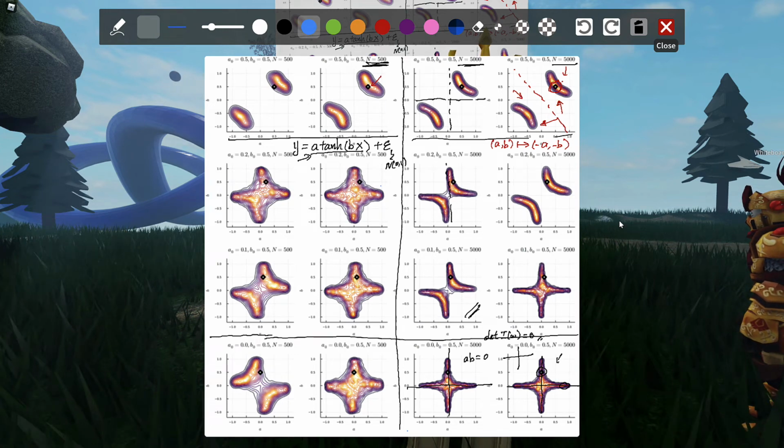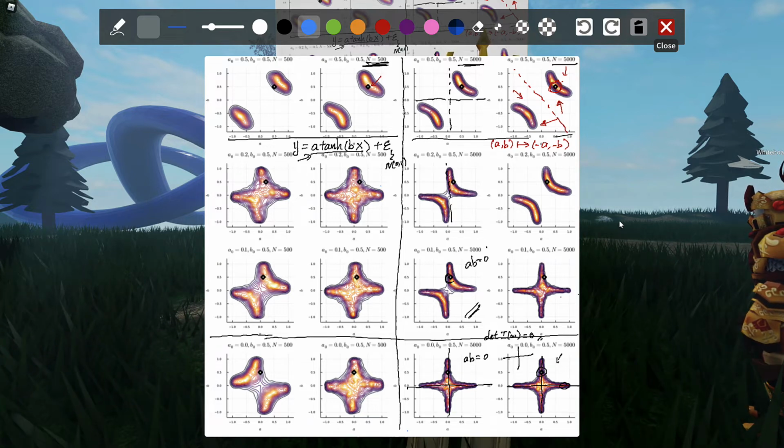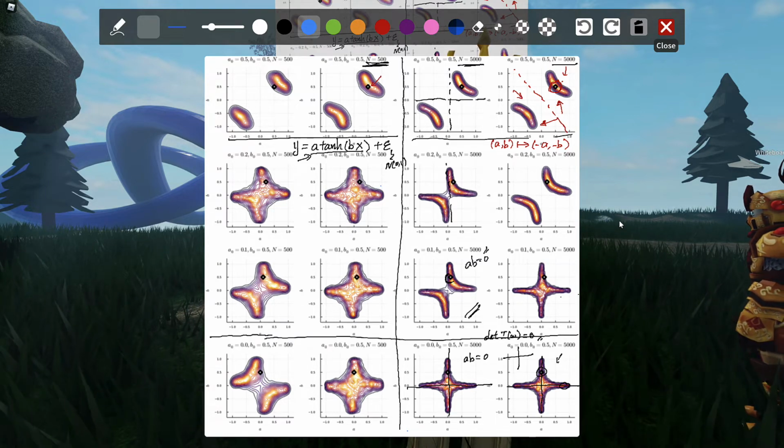Even though the true parameter is not on the set, and I think we need a name for that set, I'm going to call it the singular set for now. It's not on AB equal to 0, but at finite n, even at 5,000 training samples, so we know that if n is big enough, it is going to look far away.